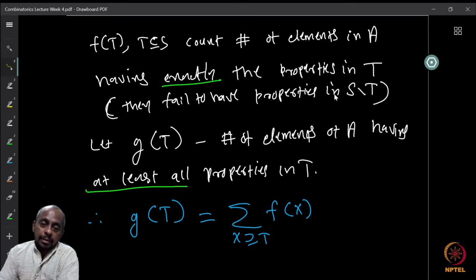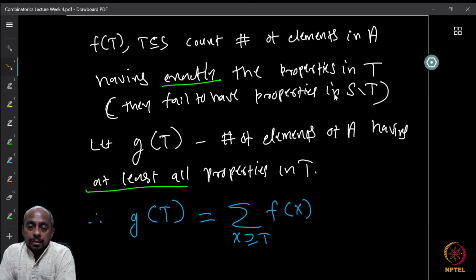So if you recall the principle of inclusion-exclusion, and think about exactly what we were doing, we wanted to find the number of elements having precisely some property, and then we said, okay, we count those which have at least these many properties, and then we use that to get a formula for the properties that are precisely in this given set, right?